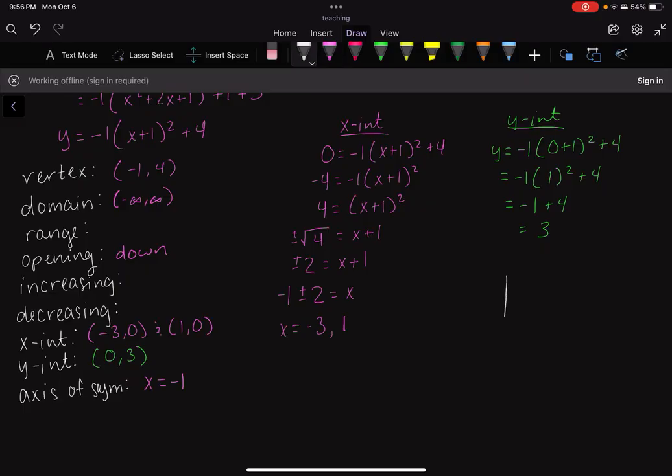And now I will go ahead and graph. 1, 2, 3, 4, and so on for each axis. So for my vertex, (-1, 4), so that's going to be up here.